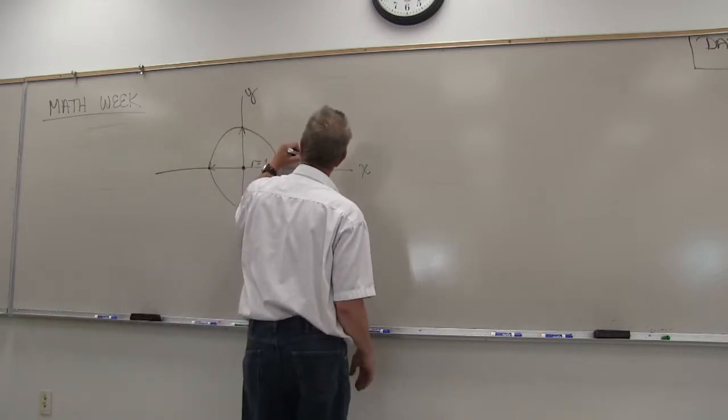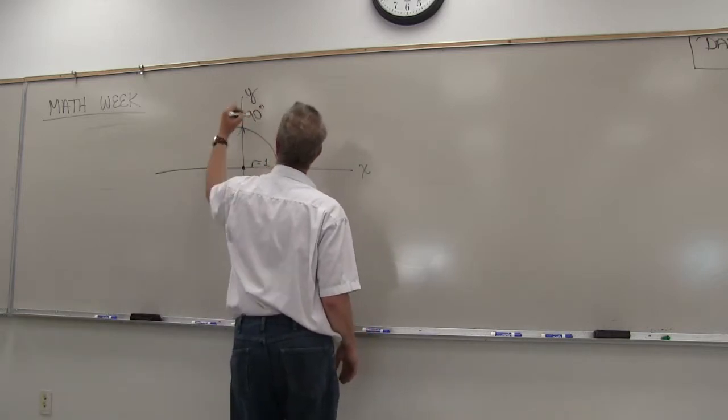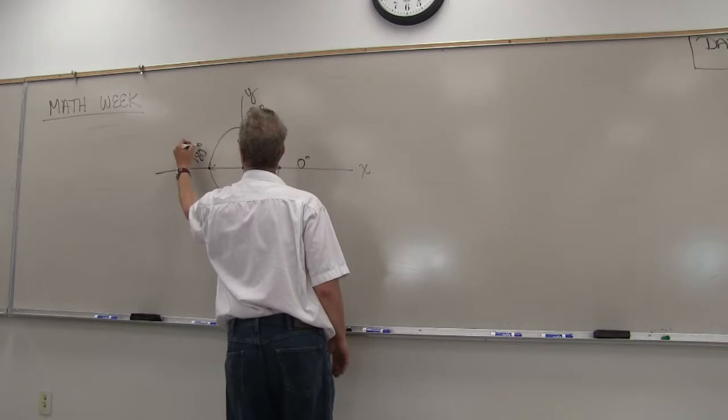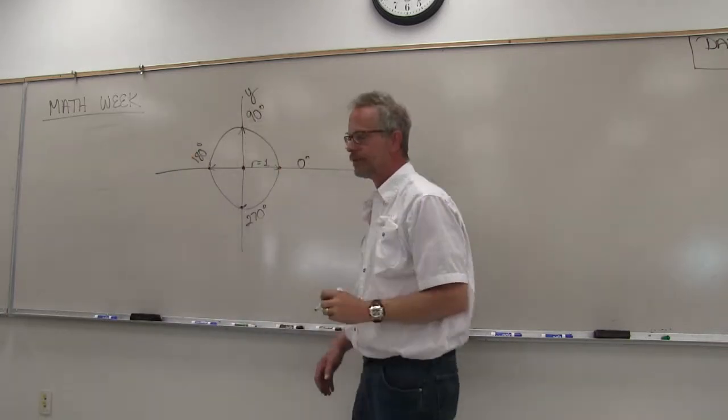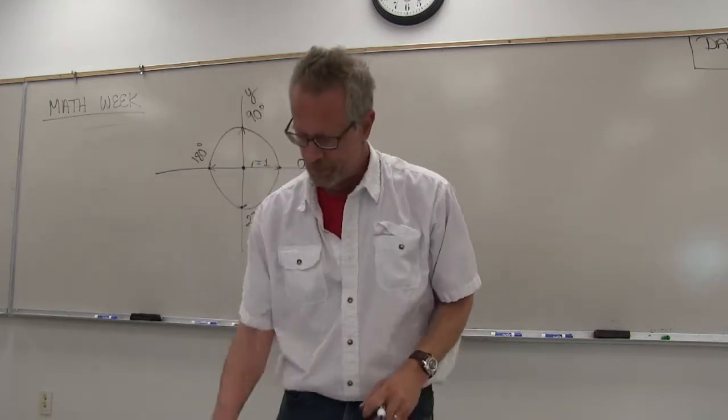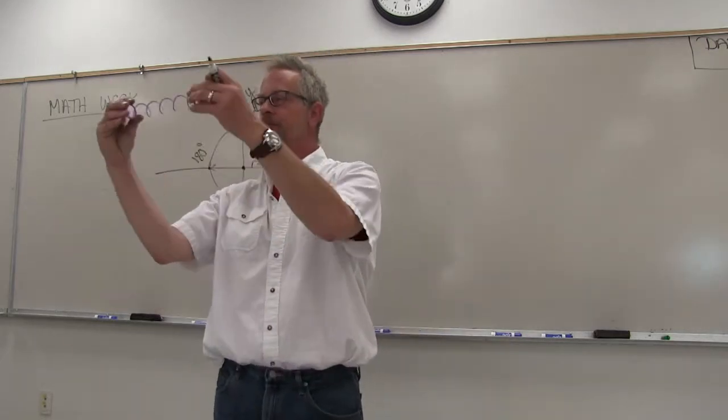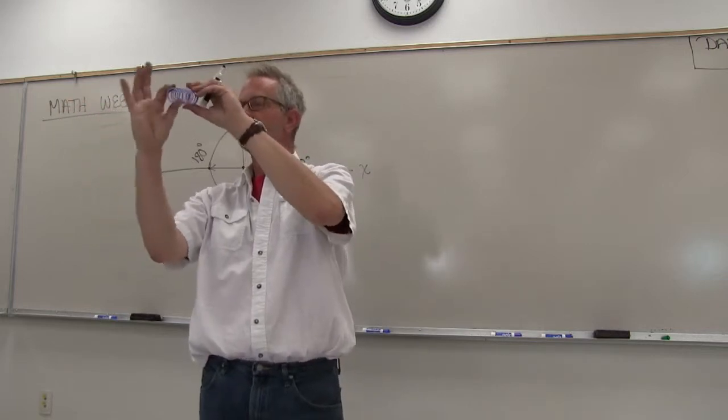This is 0 degrees, this is 90 degrees, this is 180 degrees, this is 270 degrees. And this represents our sine wave. Circle.